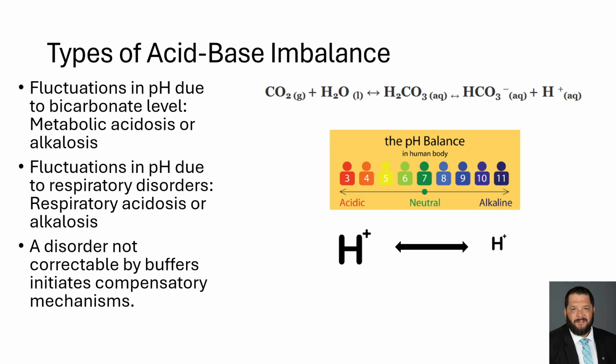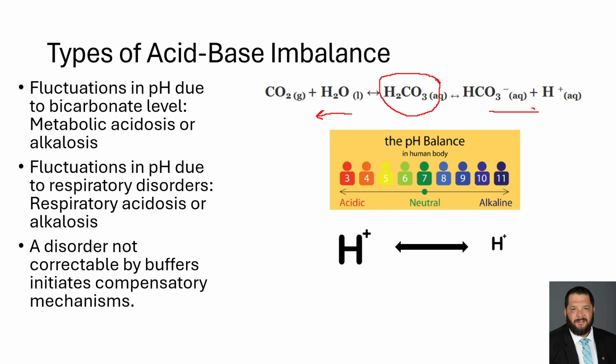The bicarbonate buffer system is a chemical that's secreted by the kidneys that can both neutralize acids and introduce hydrogen ions to make the solution more acidic. It starts in the middle with that H2CO3 molecule, and we can see that depending on the state of the solution or the pH of the blood, it can move in either direction.